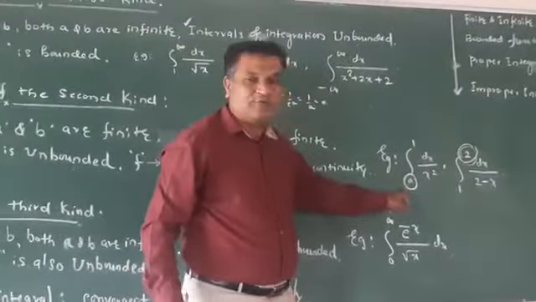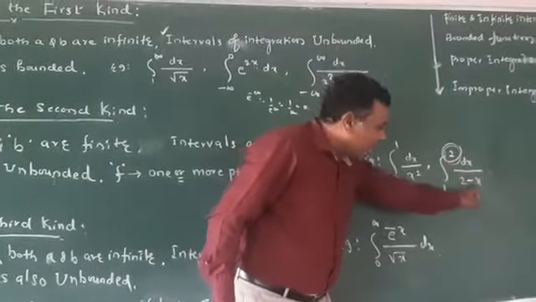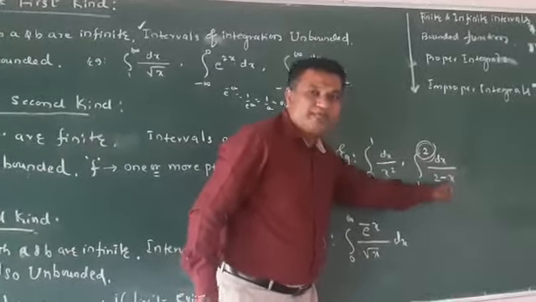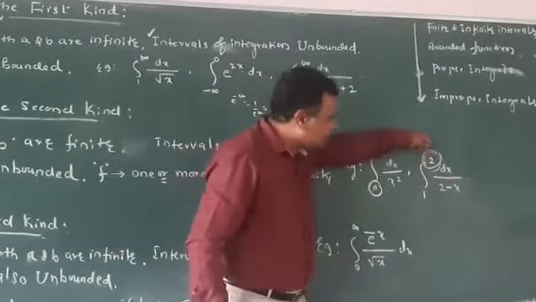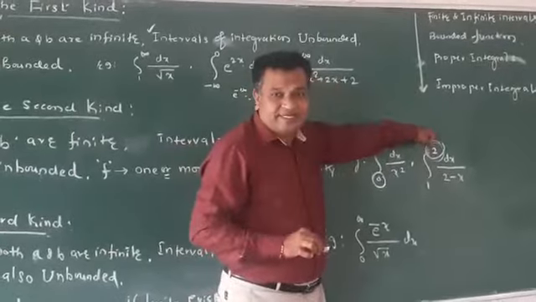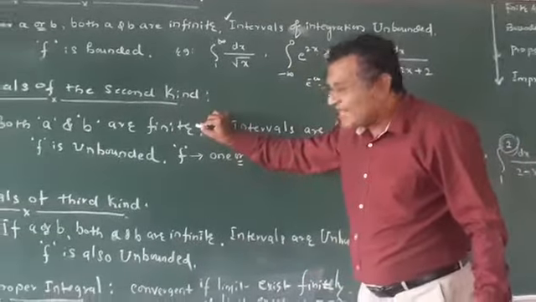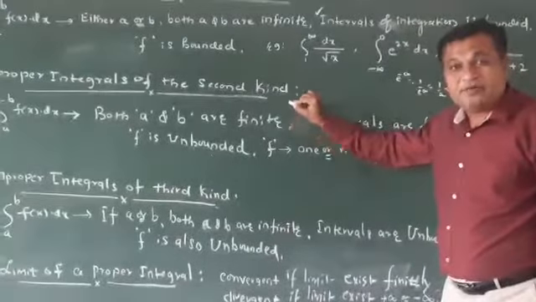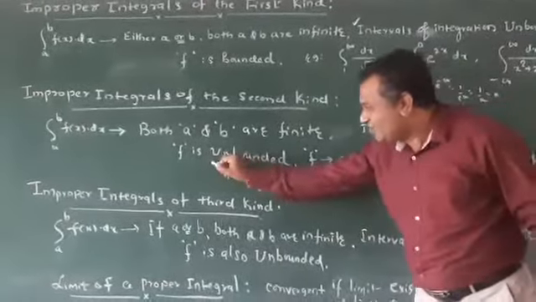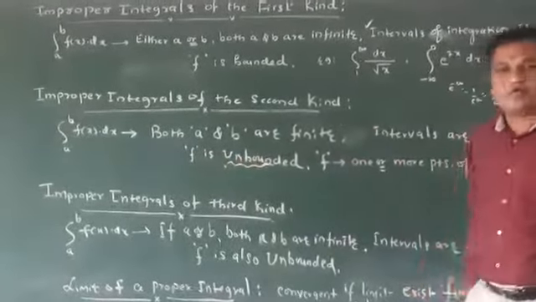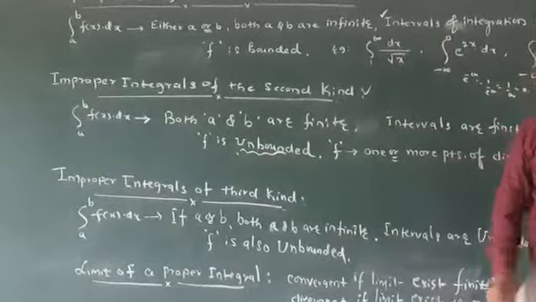So 0 is said to be an infinite discontinuity point. Then 2, if you put x as 2, 2 minus 2 is again 0, 1 by 0 is infinity. The 2 is referred to as an infinite discontinuity point. So here both a and b are finite, but if you substitute those limits in the function, the function becomes unbounded. Okay, so this is improper integrals of the second kind.